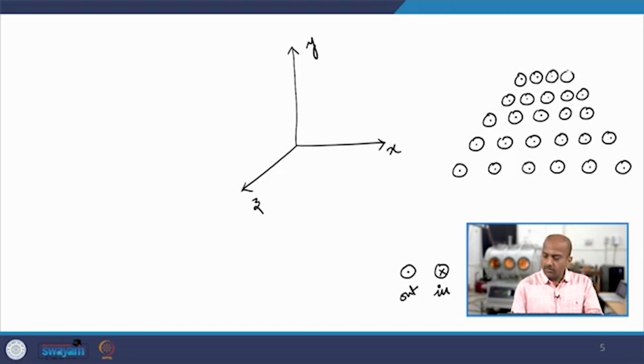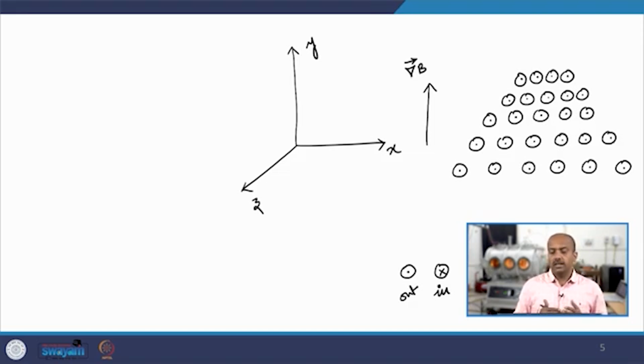So, one thing that is very clear from this figure is that the flux or the number of flux lines coming out of the surface per unit surface area is increasing in the positive y direction. So, this is the direction of the gradient del B. What is del B?